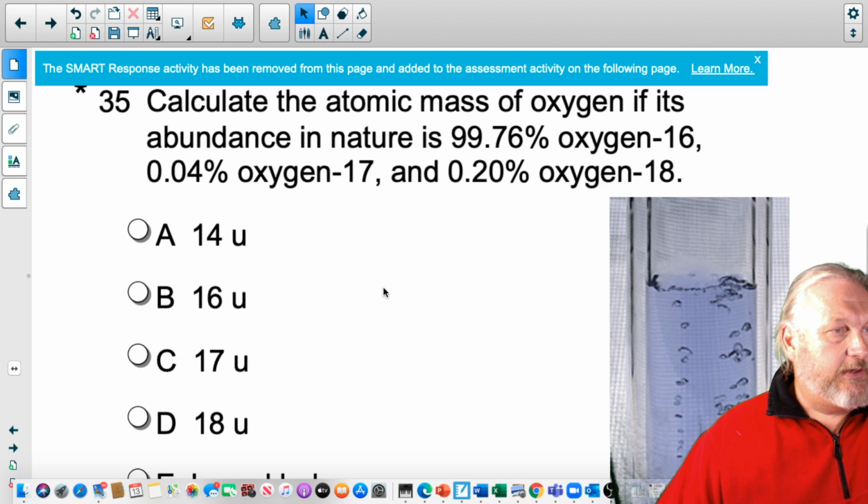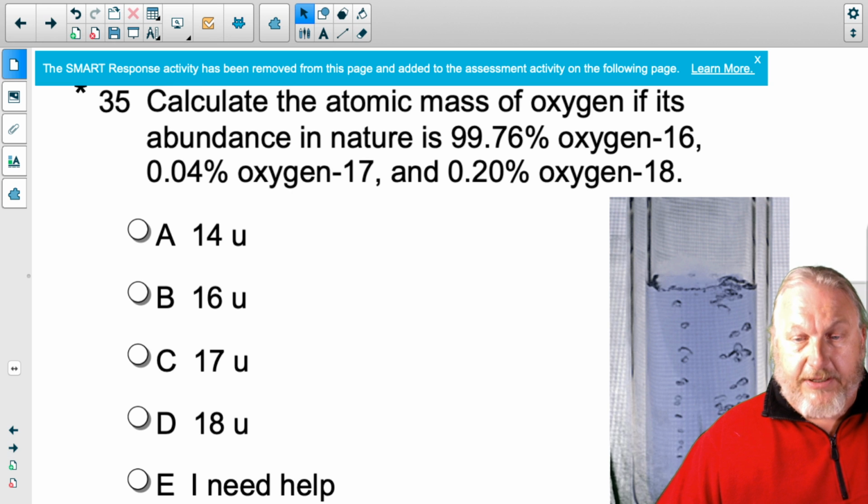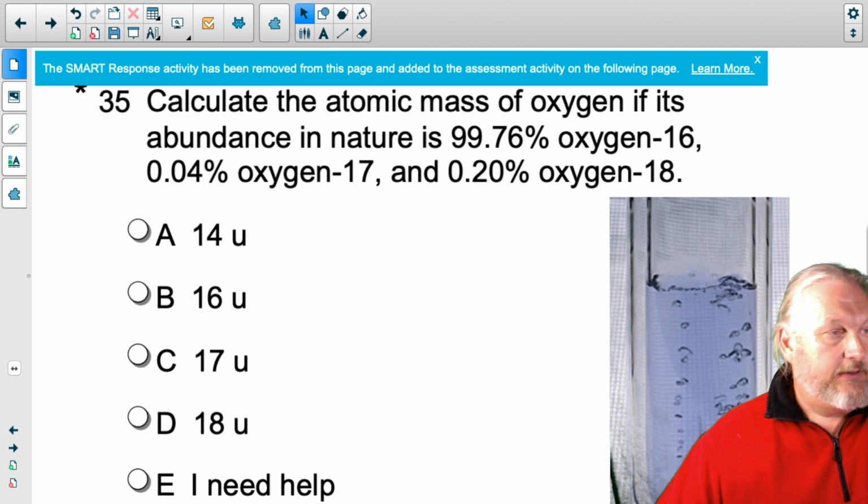So if we're going to do oxygen, in nature, 99.76% of oxygen is oxygen-16. 0.04% is oxygen-17. And 0.2% of oxygen is oxygen-18.